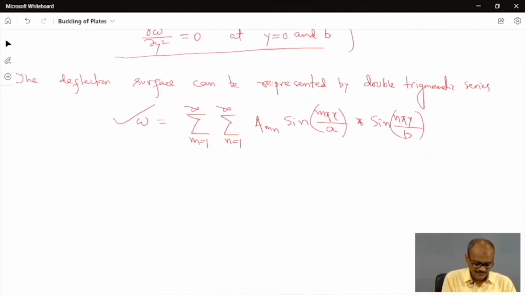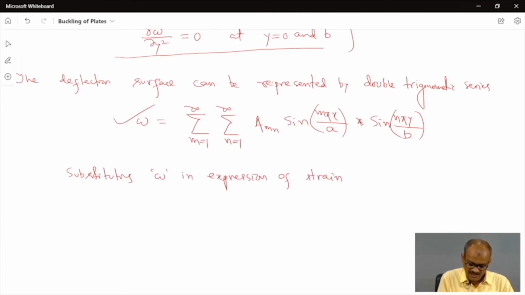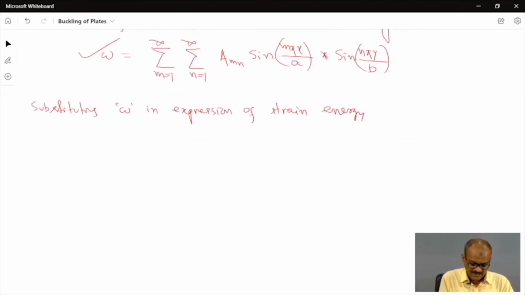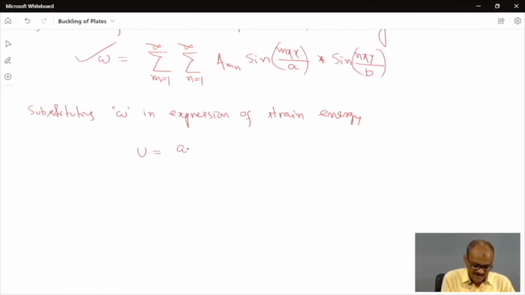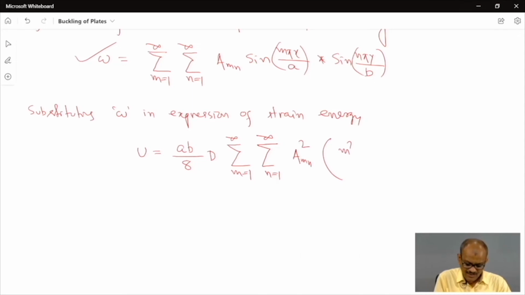Substituting w in the expression of strain energy, I am directly writing, you can do this exercise, U is equal to ab/8 into D into summation of m is equal to 1 to infinite, summation of n is equal to 1 to infinite, Amn² into (m²π²/a² plus n²π²/b²) whole square. So this we will get.